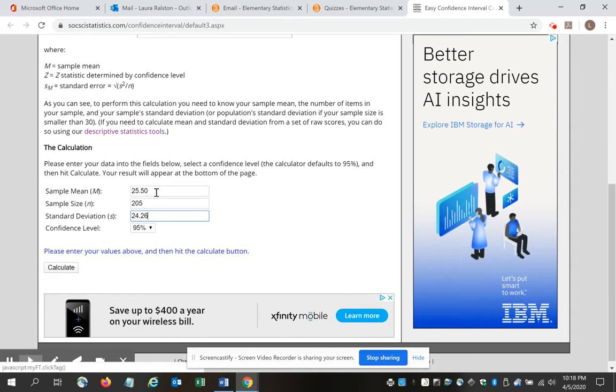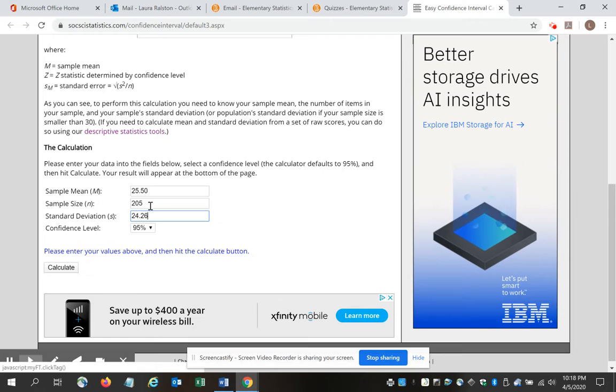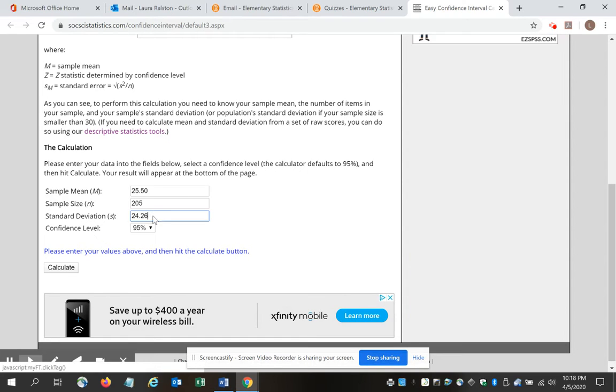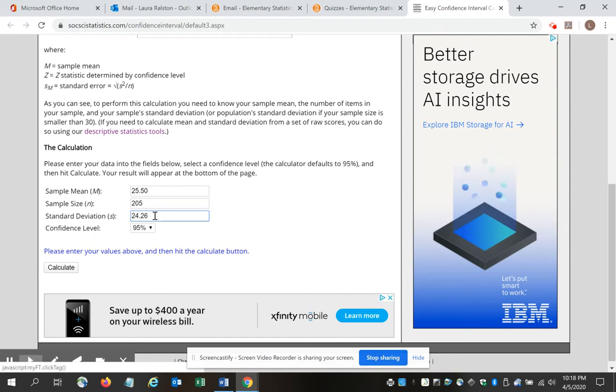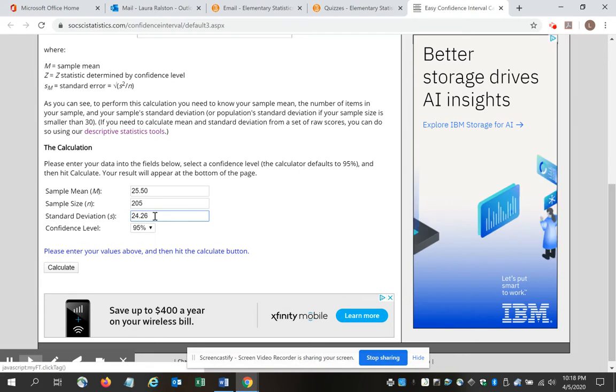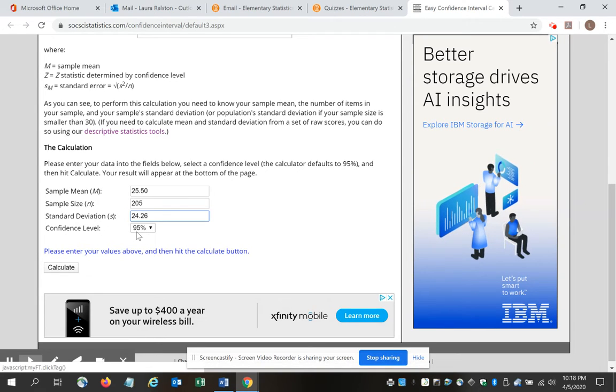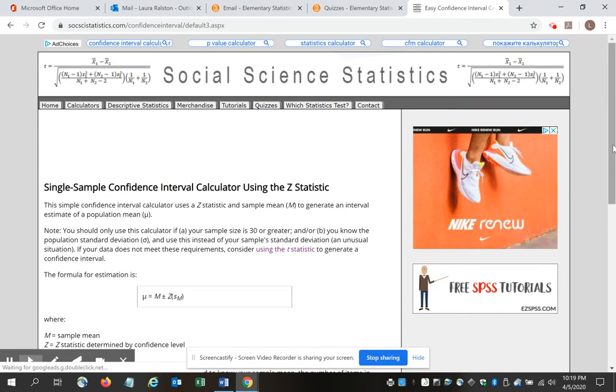The sample mean is 25.5. Sample size is 205. The population standard deviation is 24.26 at the 95% confidence level, and we calculate.